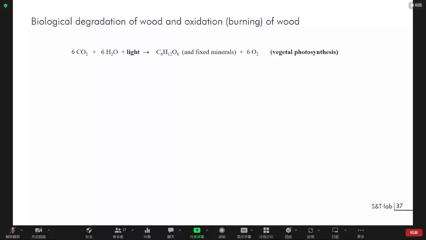That is the formula put forward for wood, for timber. And this also produces oxygen. This is why you can say that timber is the lung of the planet, since it produces oxygen when associating CO2 and water. This principle is named vegetal photosynthesis and is a chemical reaction that needs energy, and the energy is provided in the form of light.